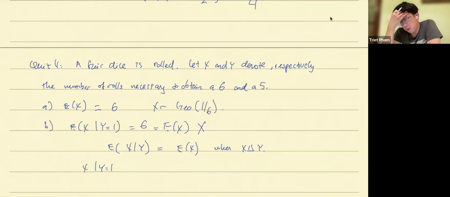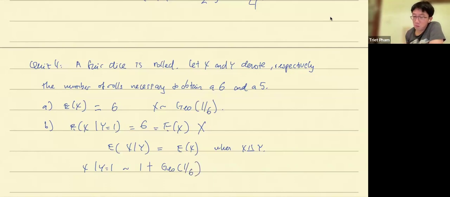X is the number of rolls until you obtain the first 6. But if the first toss is a 5, well, you wasted a toss. You can say something like this: it's 1 plus a geometric 1/6.